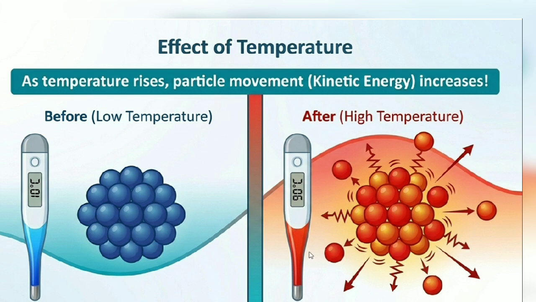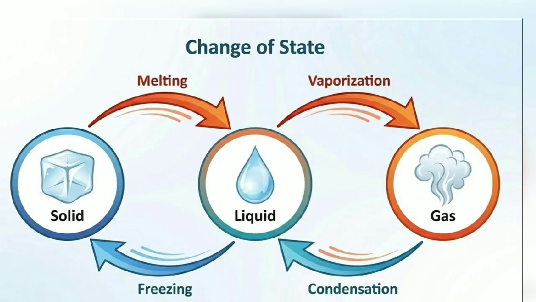When temperature decreases, particles lose energy and move slower. So temperature plays an important role in changing the state of matter.